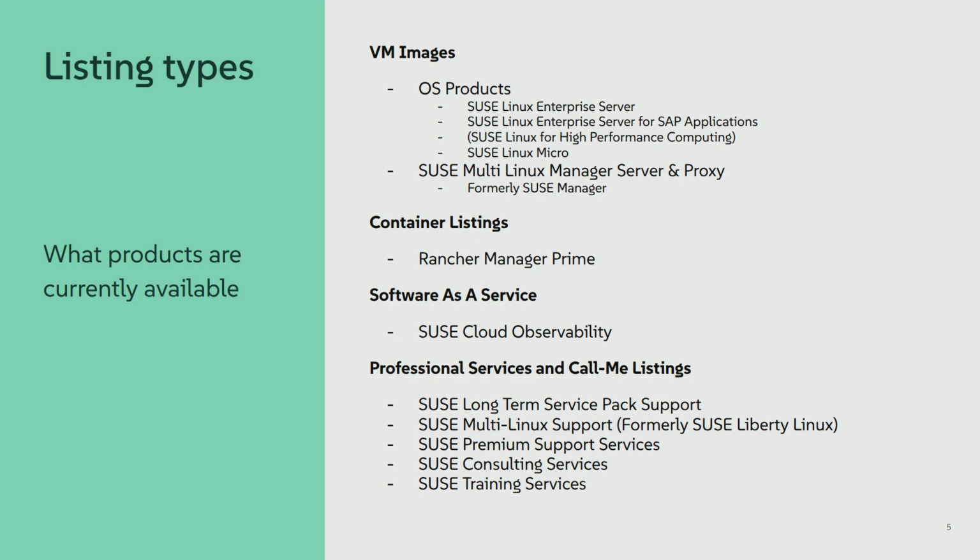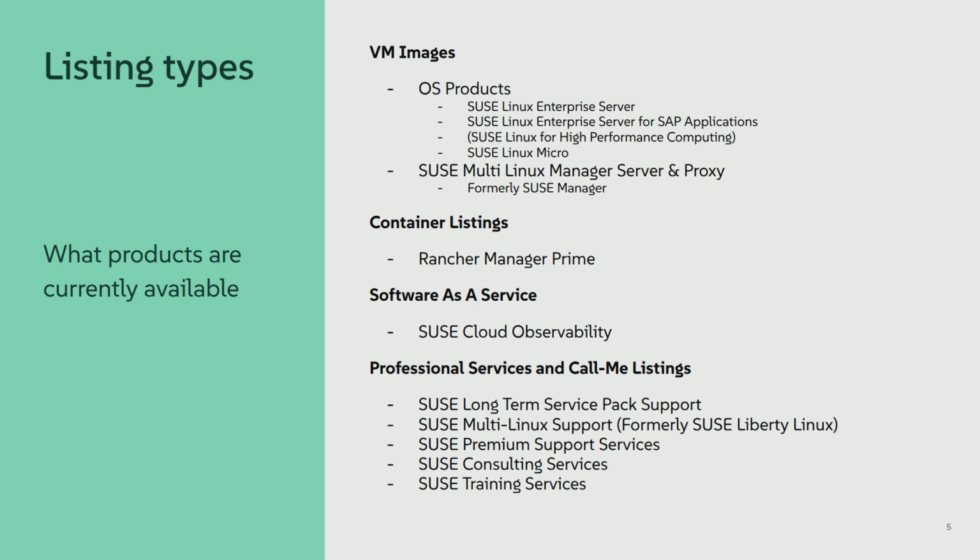So we have VM images. Those are the OS products. So SUSE Linux Enterprise Server, SUSE Linux Enterprise Micro, and then eventually was renamed to SUSE Linux Micro, and SUSE Linux for high performance computing. So those are VM images of the OS products.